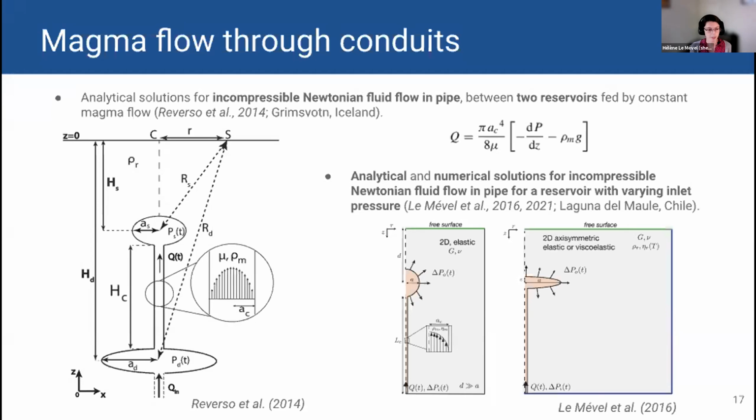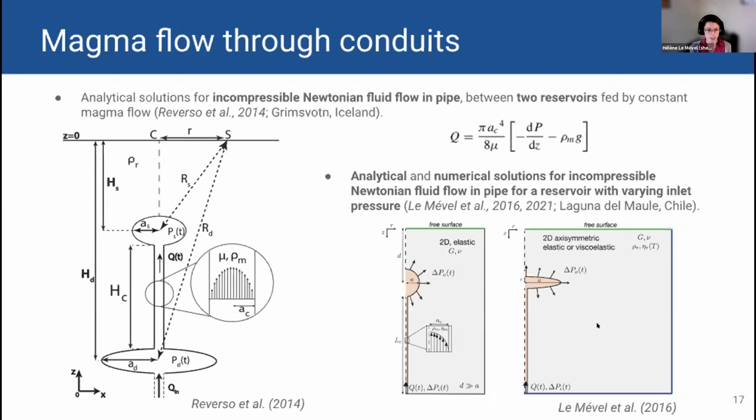So it is possible to derive some analytical solutions for the reservoir pressure evolution in each of the chambers following pipe flow for different inlet pressure histories and for simple reservoir geometries. So in this example here, in Reverso and others, in 2014, they considered the case of two fluid-filled magma chambers with a constant inflow of magma at the base of the deep chamber. And they applied this model to explain the post-eruptive inflation at Grímsvötn in Iceland.